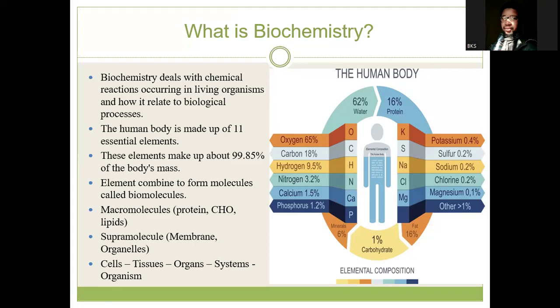We know that not only the human body, but living organisms generally, are made up of elements. These elements come together to give an organism. How do we know that?